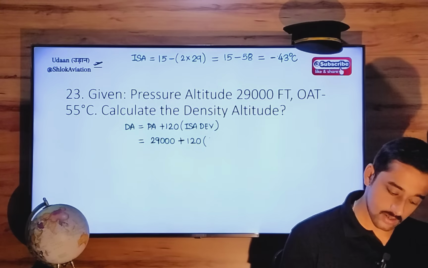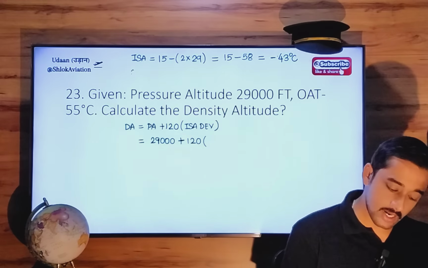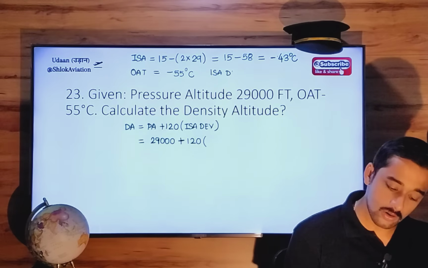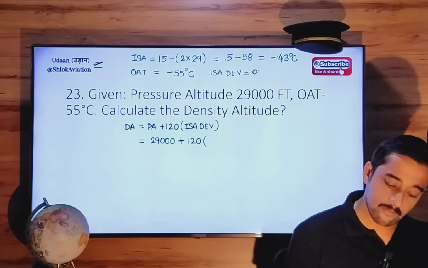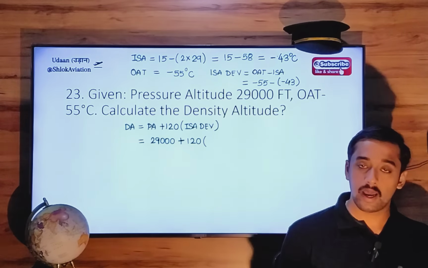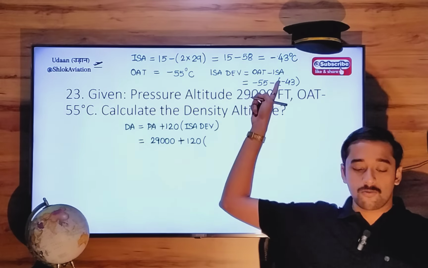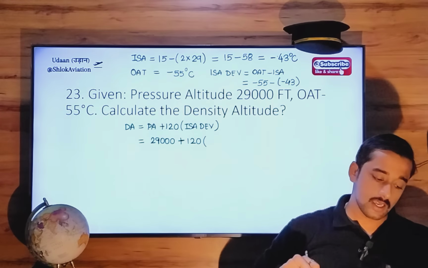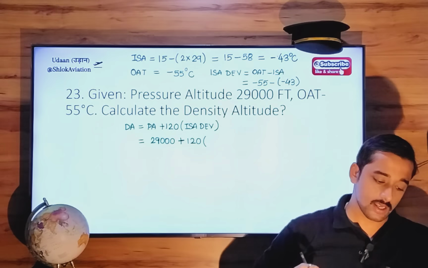degrees Celsius. What is the actual outside air temperature? It is minus 55. So ISA deviation will be equal to outside air temperature minus ISA temperature. Outside air temperature is minus 55, ISA is minus 43. So minus 55 minus of minus 43. So minus 55 plus 43 is minus 12.